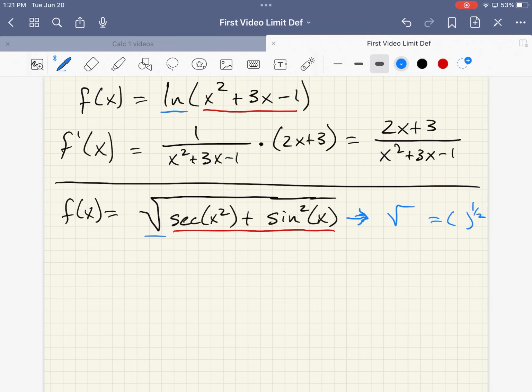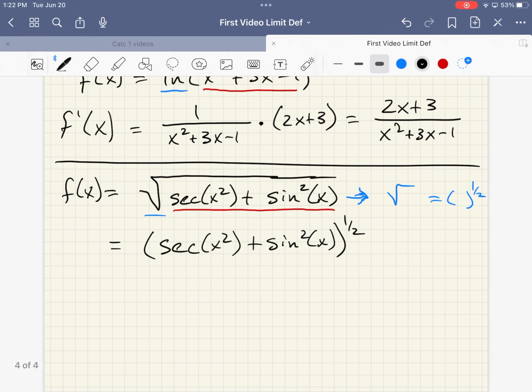So if we rewrite this, we can say that this is equal to secant of x squared plus sine squared of x, all raised to the 1/2.